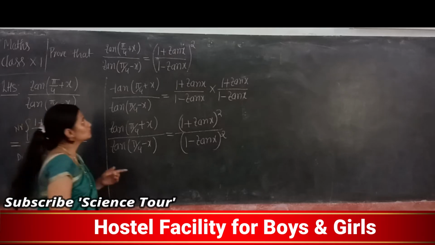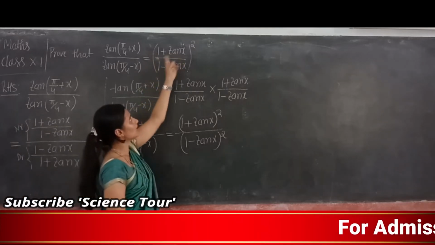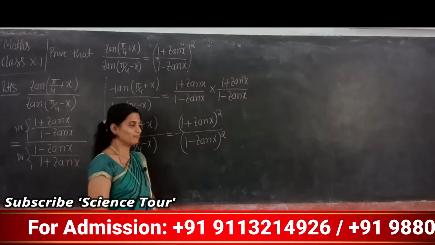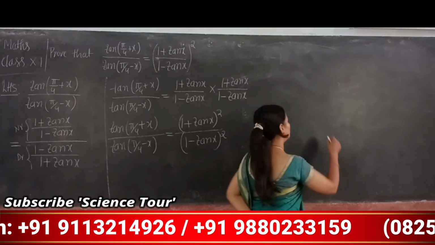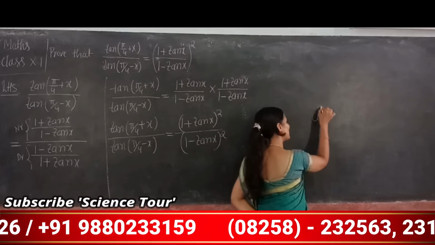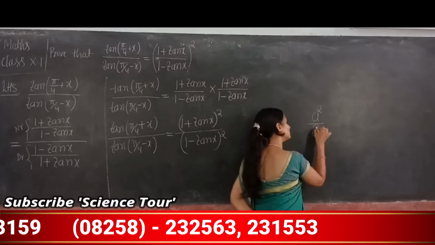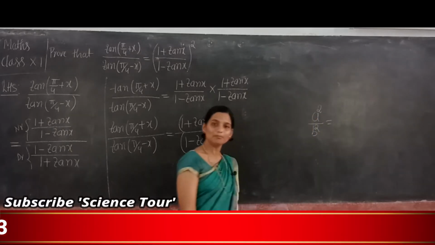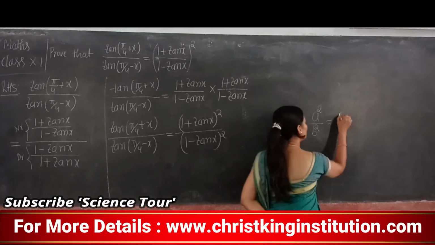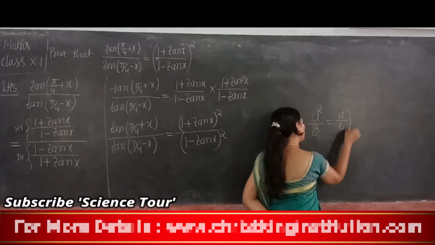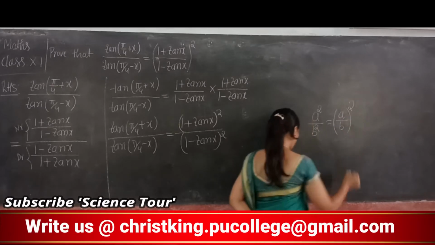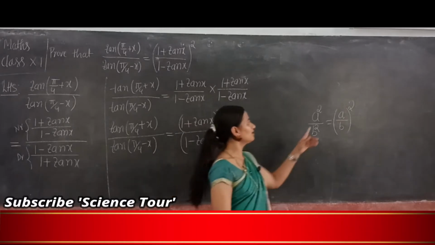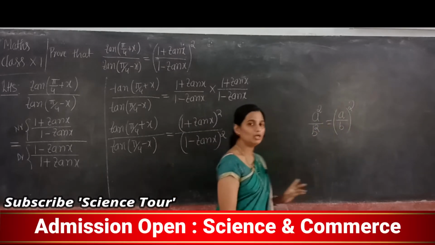But what we have to prove is ((1 + tan x)/(1 − tan x)) whole square. Already you know from your basics, suppose it is a square divided by b square, that can be written as (a/b) whole square. Is it right? So a square divided by b square can be written as (a/b) whole square.